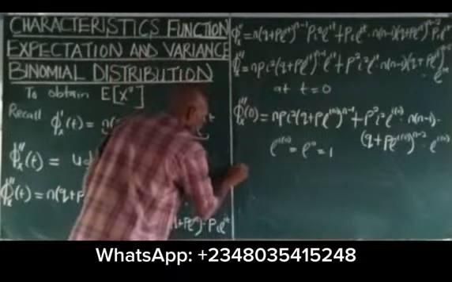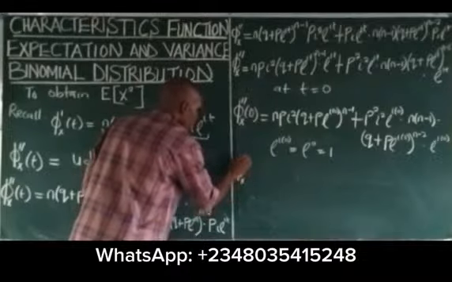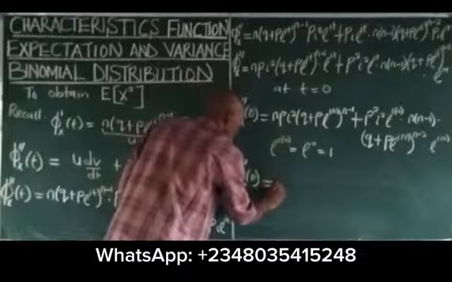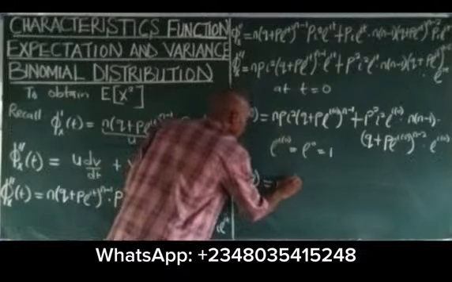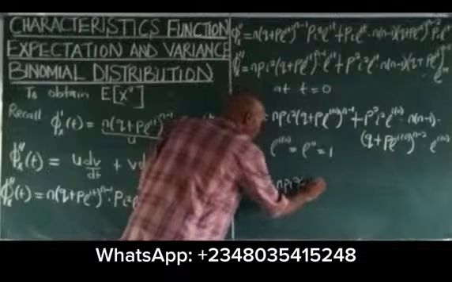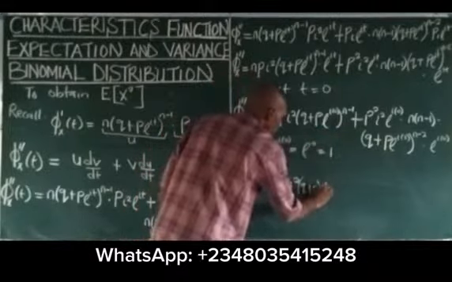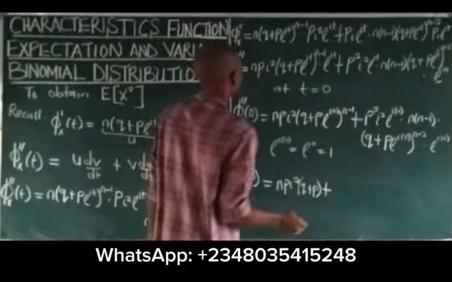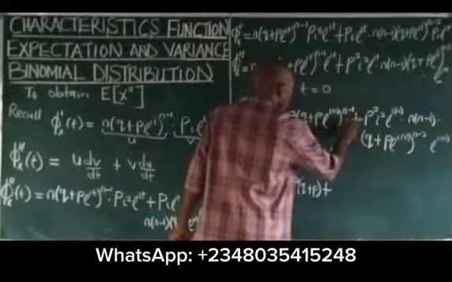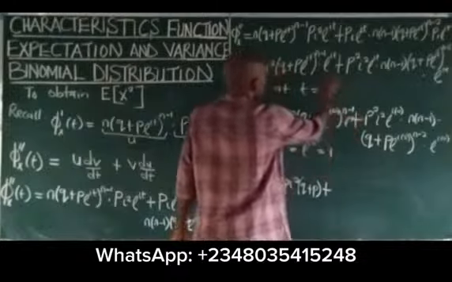It then means that anytime we see e raised to the power of i0, it becomes 1. It then means that our characteristic function will now be np i squared. We have q plus p only, plus p i0, which is this.